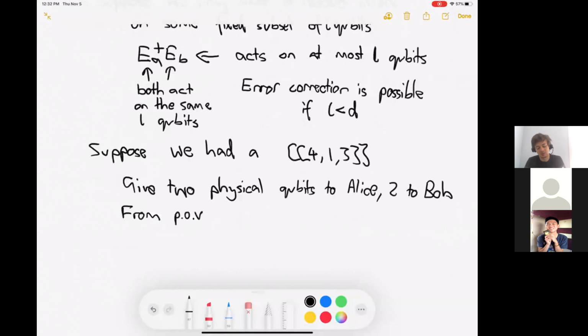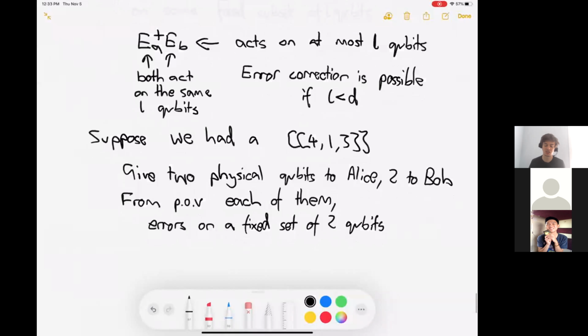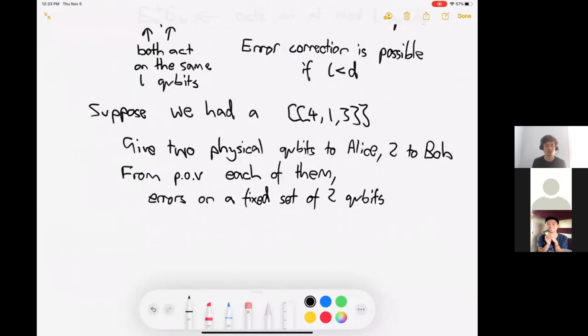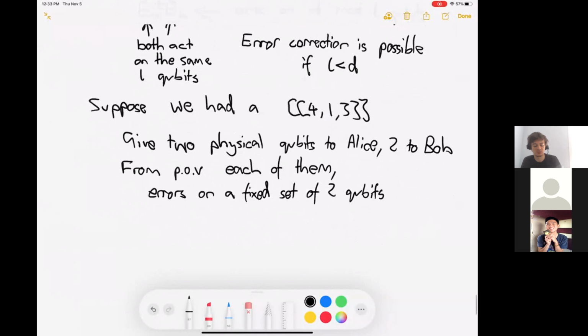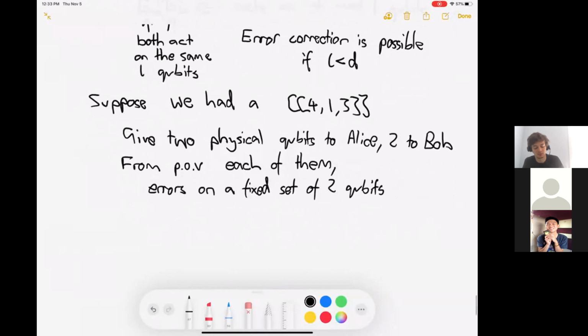From the point of view of each of them, they have errors on a fixed set of 2 qubits. Right, because they each lost 2 qubits that got sent to the other person, but they know which qubits they were that they lost, and so they can recover from errors on them.